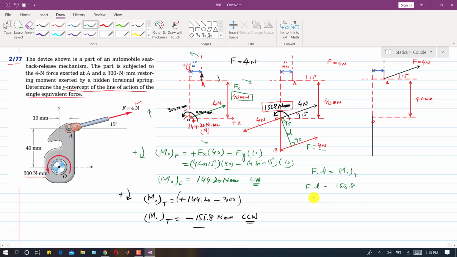F is known, and we want to find D, so D equals 155.8 divided by F. What is D? D will be 155.8 divided by 4. So this comes out to be 38.95 mm.